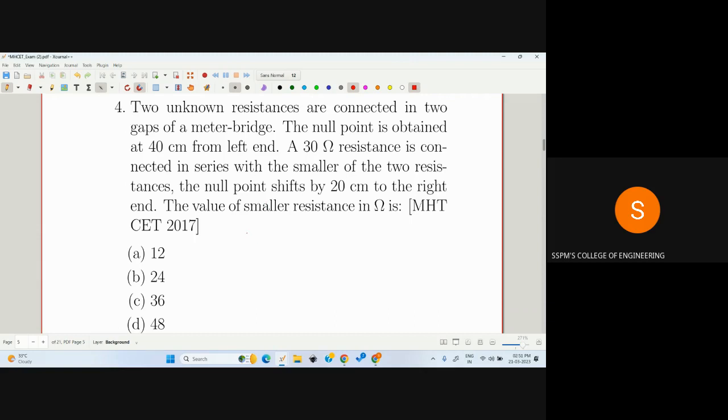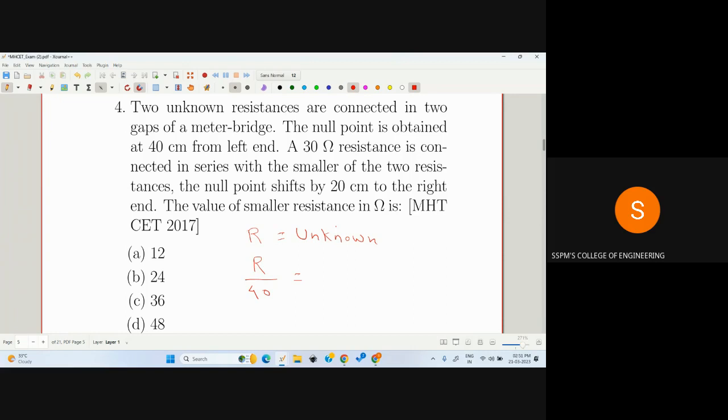For the first condition, let's consider the left unknown resistance is R. The condition is R divided by 40, the null point, is equal to S divided by 100 minus 40. What is the location at the right? 100 minus 40, which means 60.